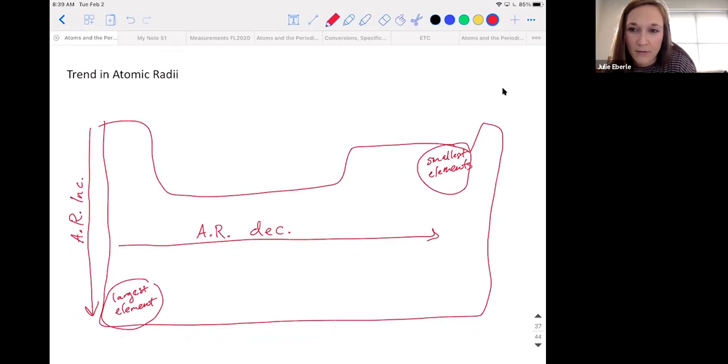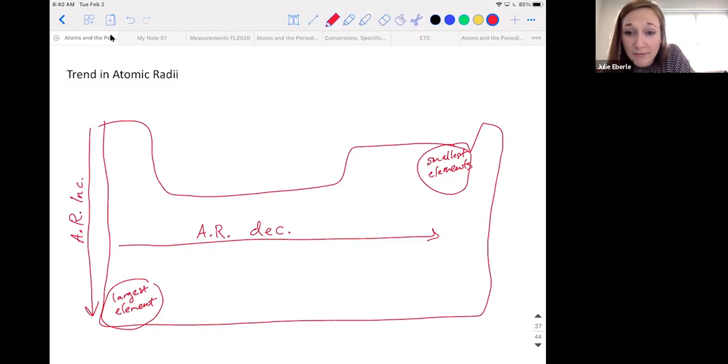What do y'all think about what she said? Anybody have anything else to say? Why do atoms get smaller as we go across the periodic table from left to right? Anyone?